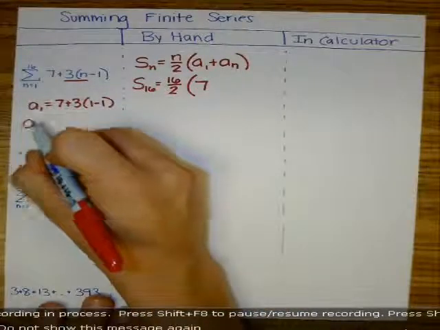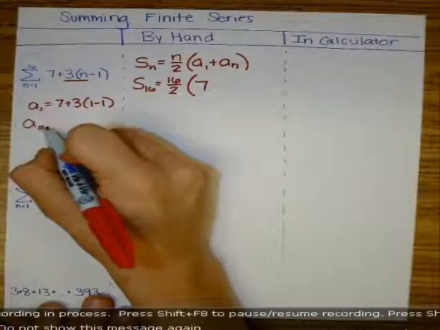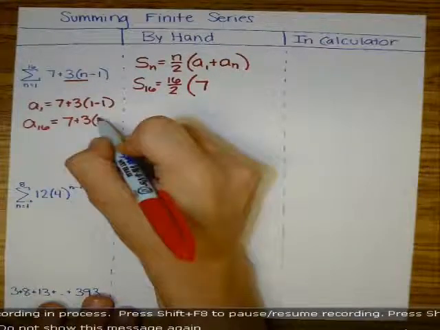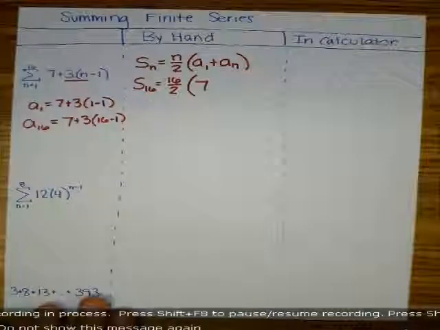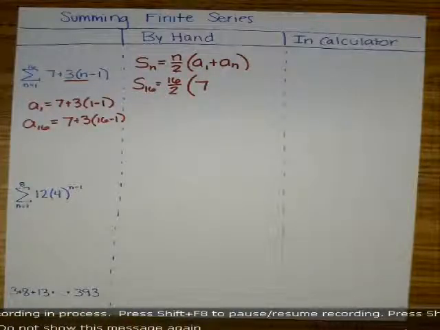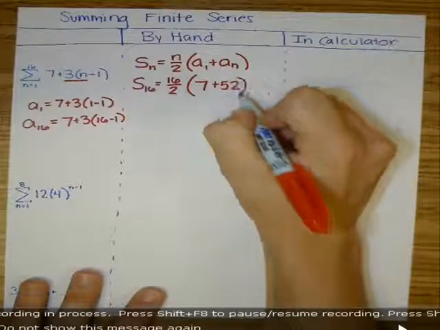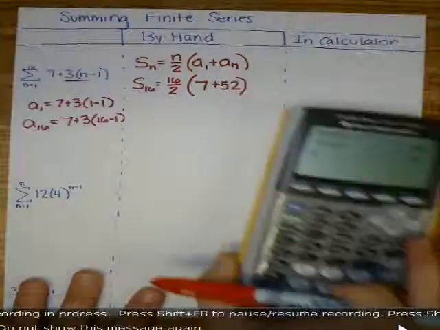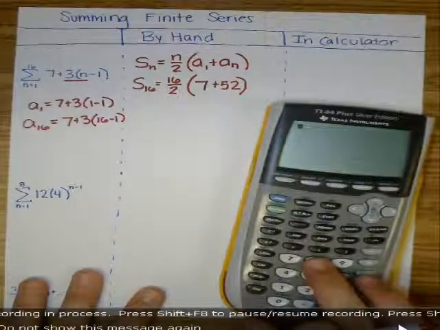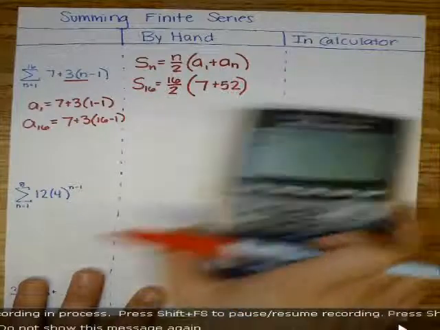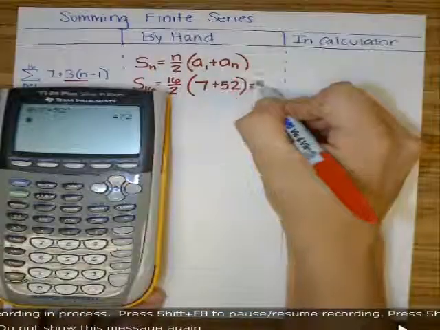To find my last term, a sub 16, I'm just going to plug in a 16. 16 minus 1, so 3 times 15 is 45, 7 plus 45 is 52. Now I'll just throw that in my calculator. 16 divided by 2 is 8, so 8 times 7 plus 52, close parentheses. This should equal 472.